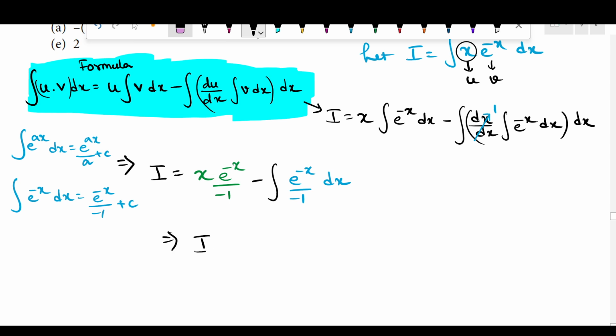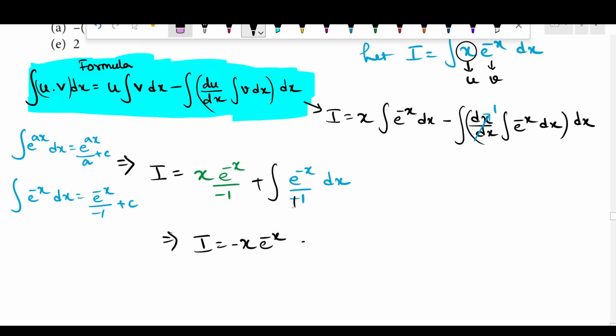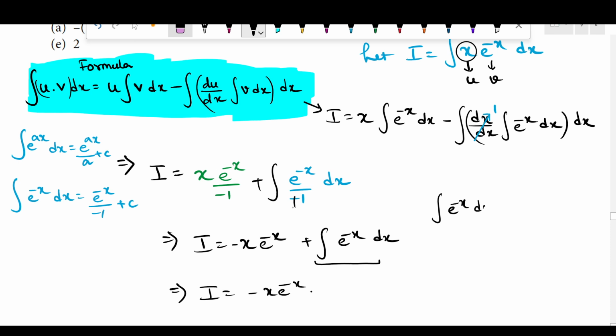This implies I equals to, minus minus gets plus, x e to the power minus x by this minus gets here, so this will be minus x e to the power minus x. Now again the integration of e to the power minus x dx is e to the power minus x by minus 1, right?